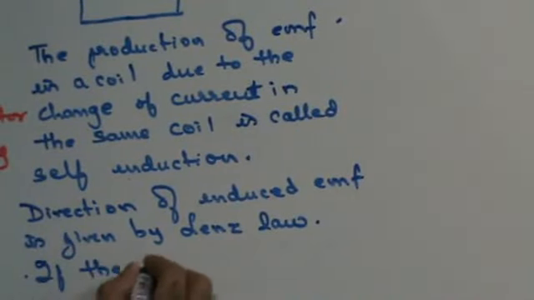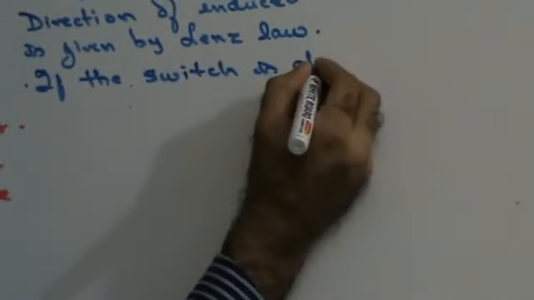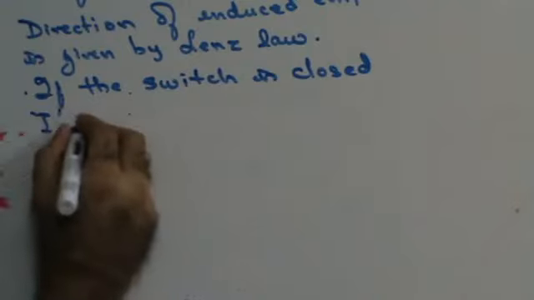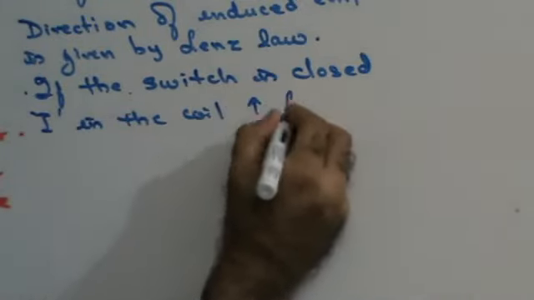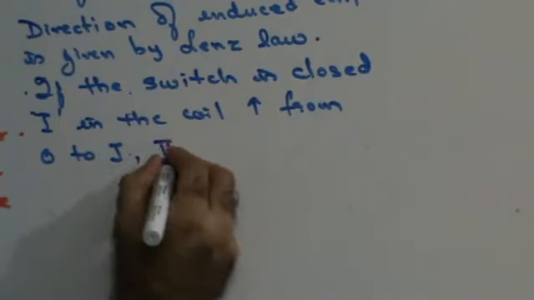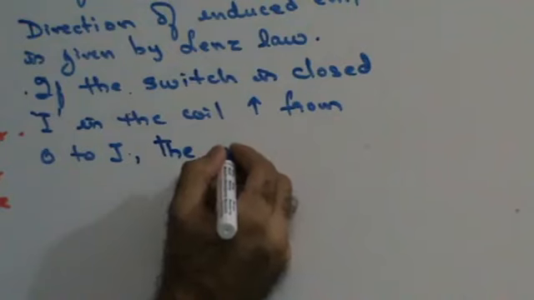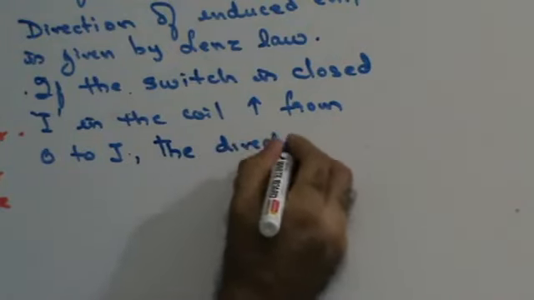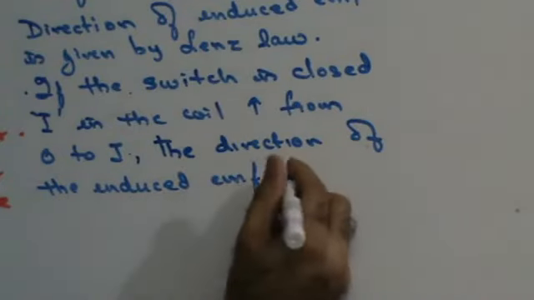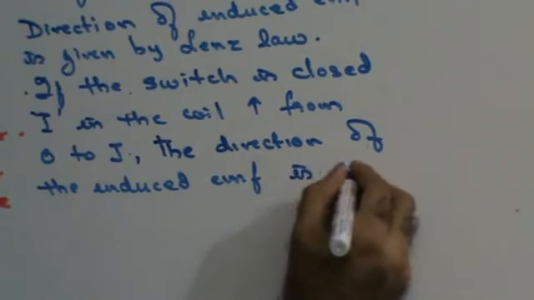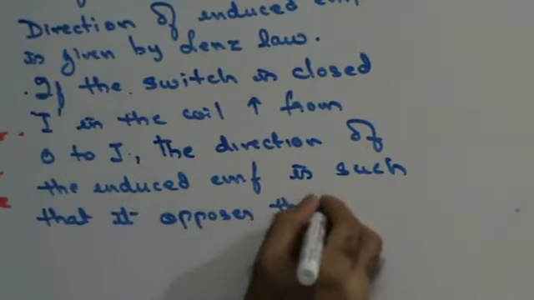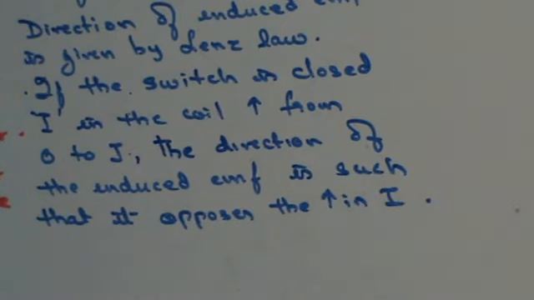If the switch is closed, current in the coil increases from 0 to I. In that case, the direction of the induced EMF is such that it opposes the increase in current.